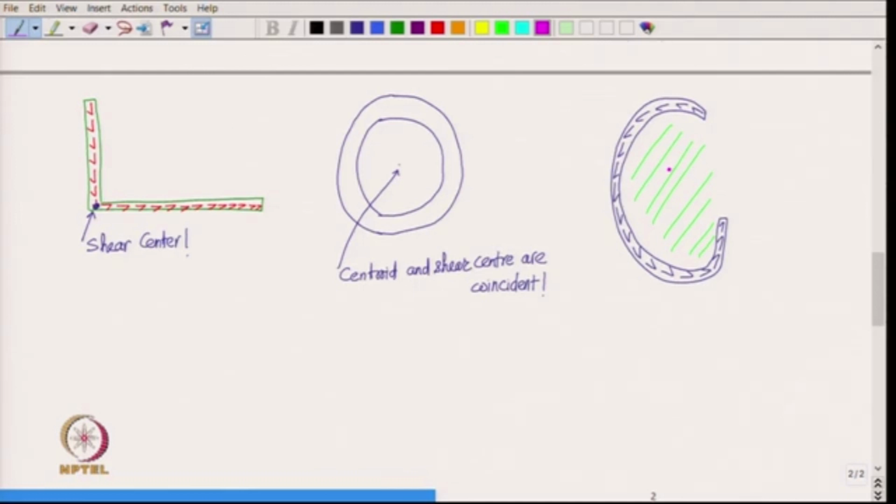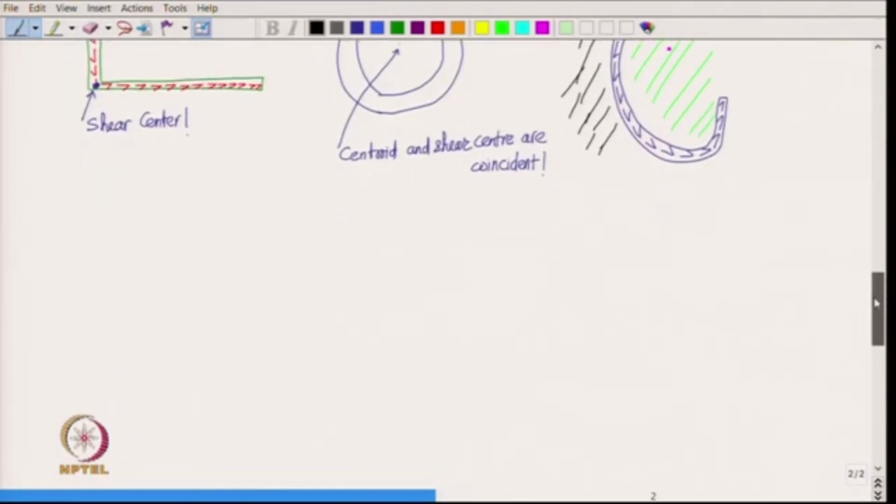So, the shear center will never lie in this green region, it is actually going to lie out of this green region. It is somewhere on this side. Okay. You can also prove that shear center always lies on the line of symmetry of the cross section.